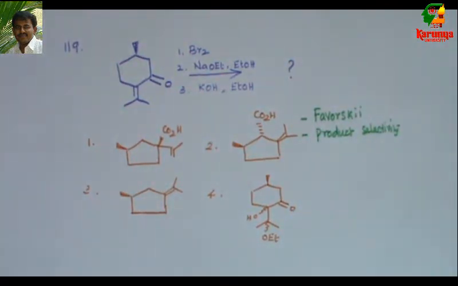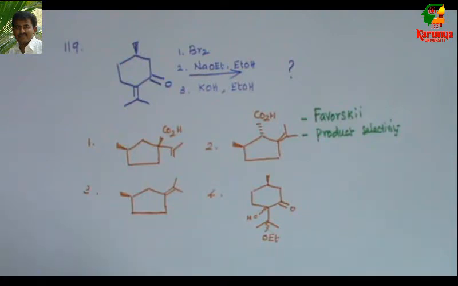Favorskii rearrangement is one of the interesting and most important rearrangements in organic chemistry. Very often one question is asked from this rearrangement. There are two clues to identify that the given problem is from Favorskii rearrangement.